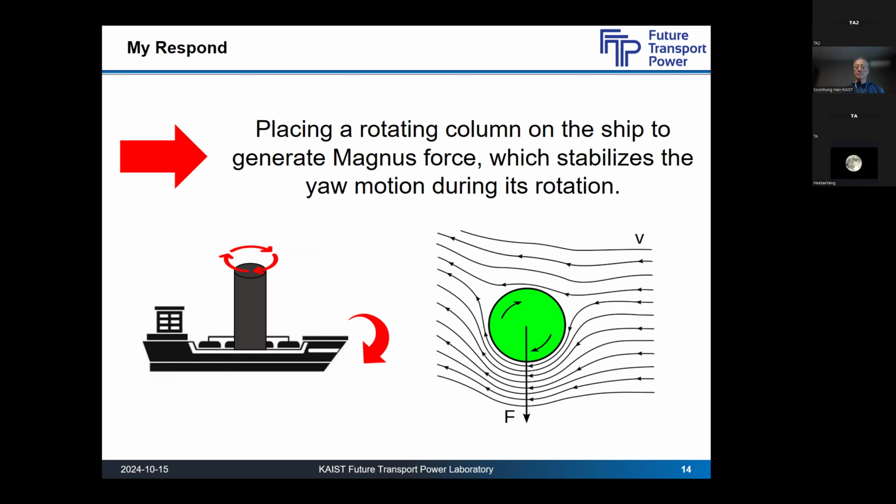With the ship's yawing, it can stabilize the yawing motion during its rotation. It means when the ship is yawing to the right, turn the column anticlockwise and make the Magnus effect to the left, and it can stabilize the yawing motion. So this is my idea.